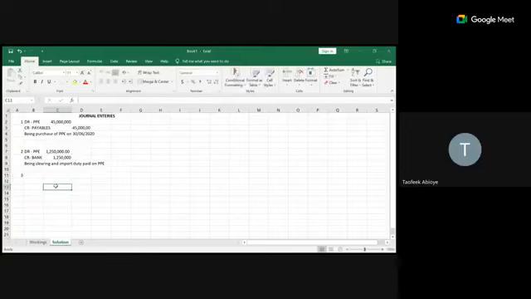Now, what do we have again? On August 8th, we made payments. We made the first payment on August 8th. So what are we going to do?